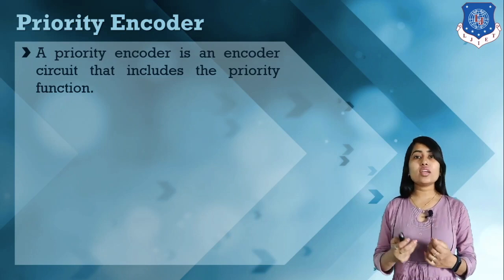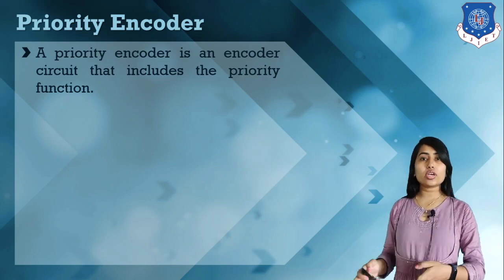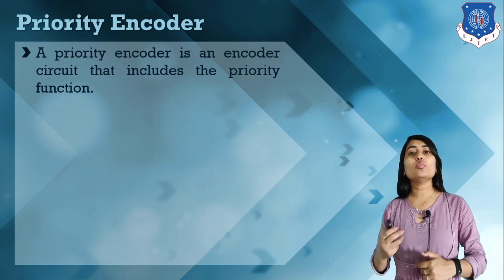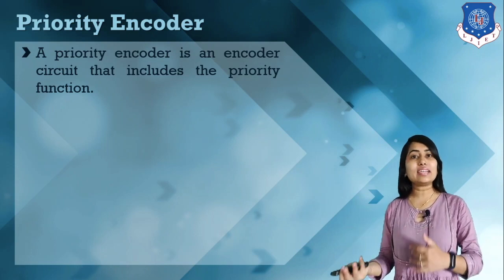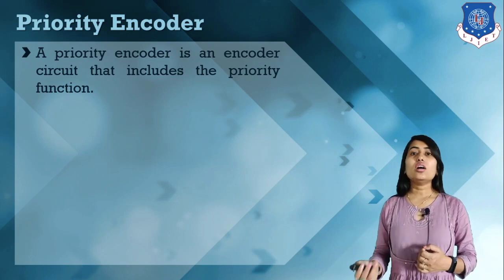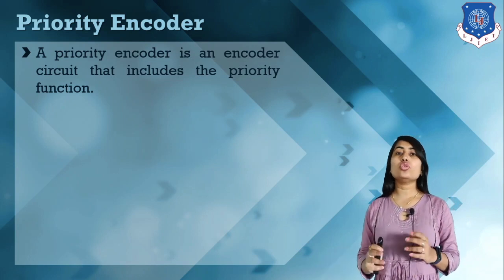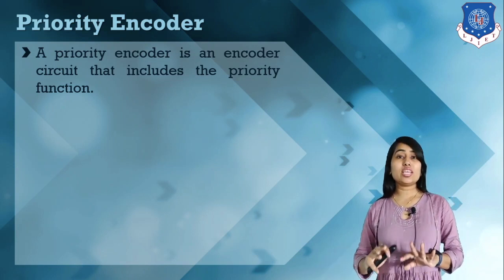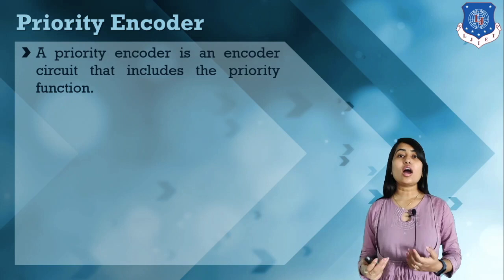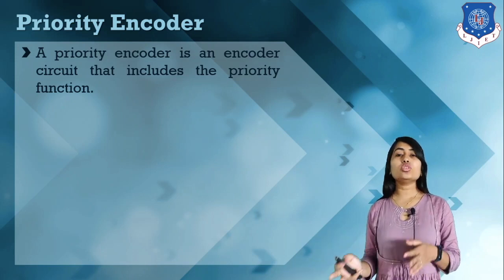So how can we define the output? In a priority encoder, the output is decided according to the priorities. Whenever two or more inputs are high at a time, we get our output functions according to the priorities.